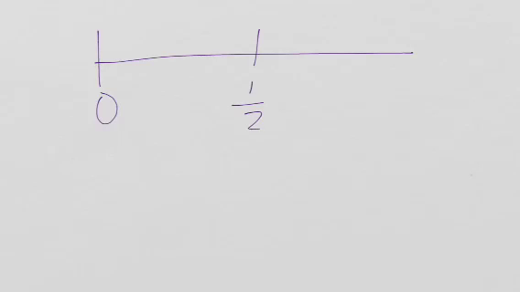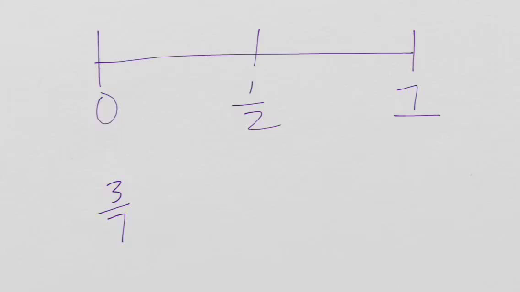Alright, one more. 0, half, and 1. Let's try 3/7. Alright, I hope you didn't freak out on me. I know 7 is an odd number. Odd numbers still have a halfway point. They're just halves.